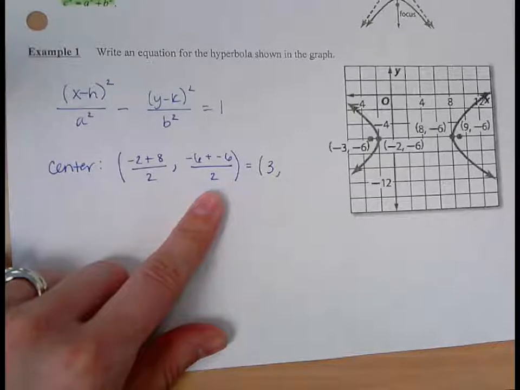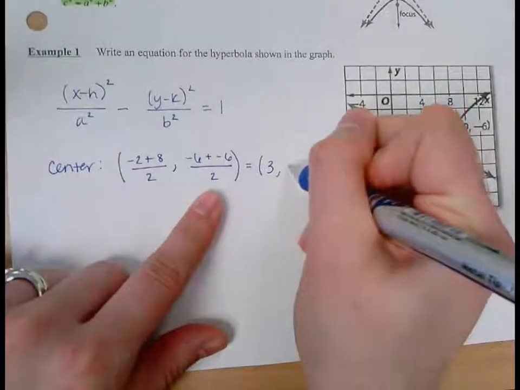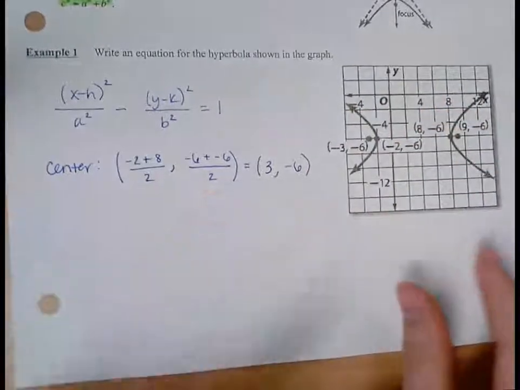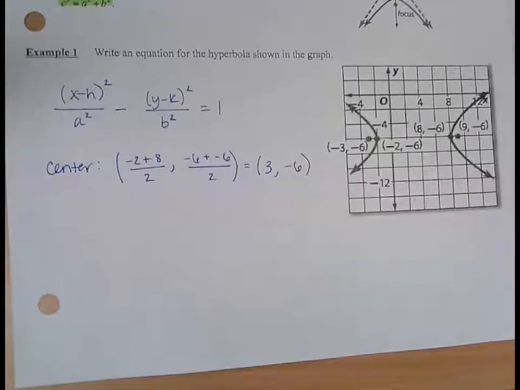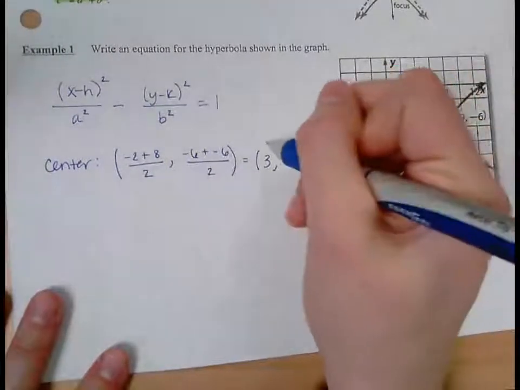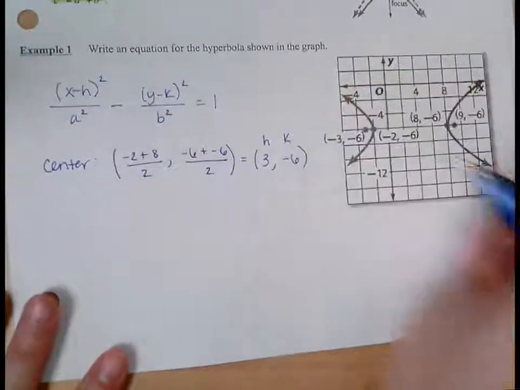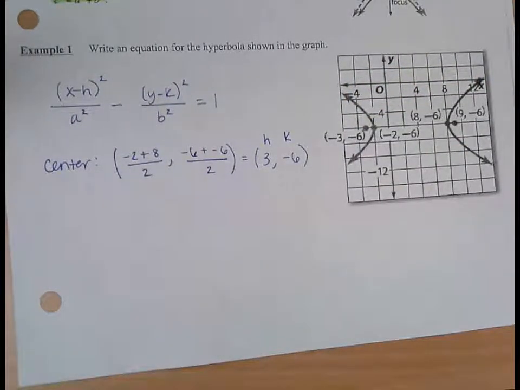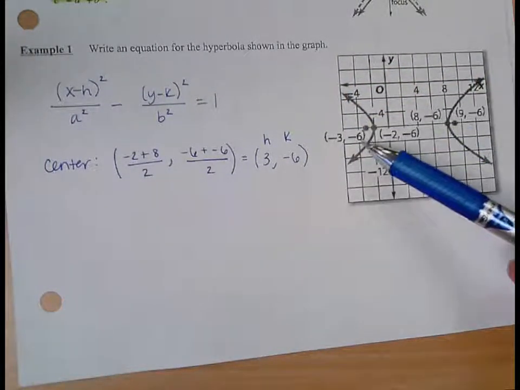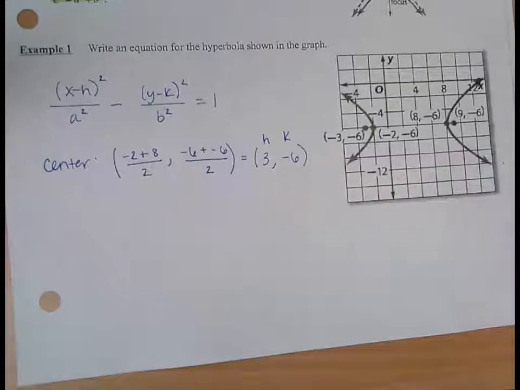And the y-coordinate will be -12 divided by 2, which is -6. So (3, -6) is the center, and that also gives you the h value and the k value. You might have also seen that k is -6. All 4 of these points have the same y value. The y value of all of those points is k when it's horizontal.